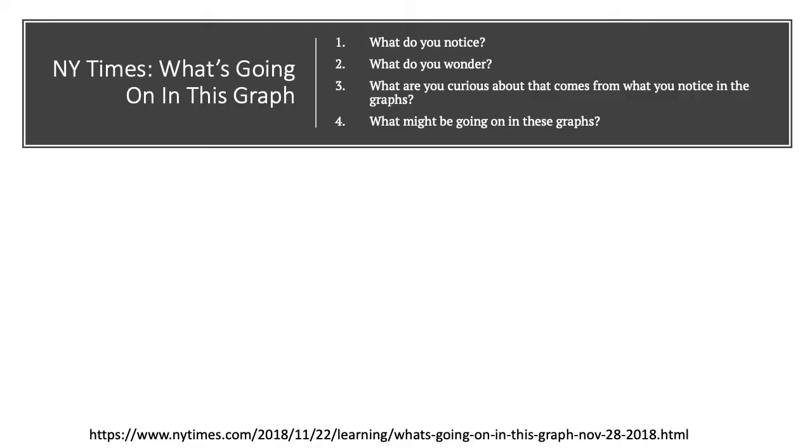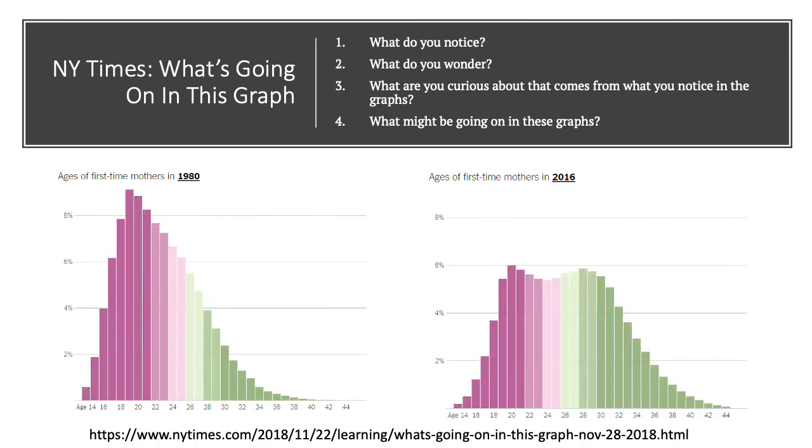This is an ongoing New York Times experiment where every week they come up with a graph and ask readers, and usually students, to see what's going on in the graph. We're going to look at what we notice, what we wonder, what we are curious about, and what might be going on. So these are 2 histograms that were published in November 2018. This shows the ages of first-time mothers in 1980.